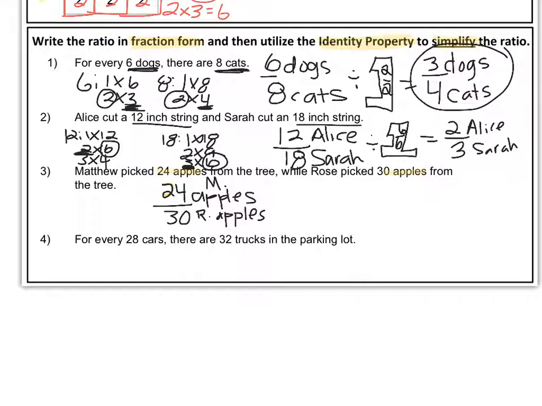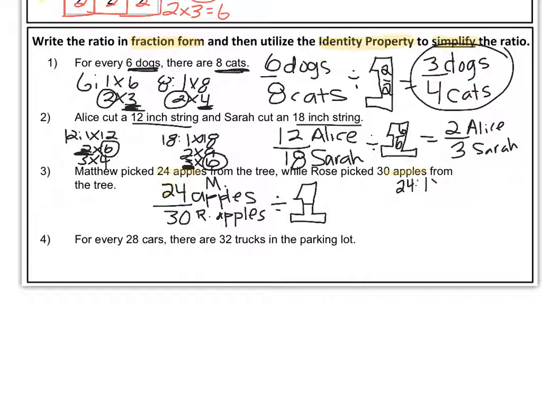Okay. We're going to simplify this, so that means we need to use division, and we're going to utilize the identity property. So make your number 1 and our fraction inside. We need to figure out what the greatest common factor is of 24 and 30. So off to the side over here, I'm going to list the factors of 24.